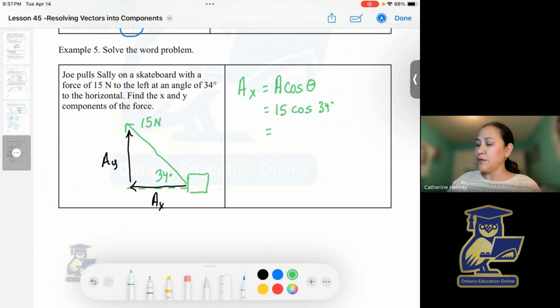With our calculator, we get 12.4. That direction from our picture is to the left. And then to find the vertical component, it's going to be the magnitude of the vector times the sine of the angle. So it would be 15 sine of 34 degrees. And my vertical component comes out to 8.4 newtons, and that will be up.